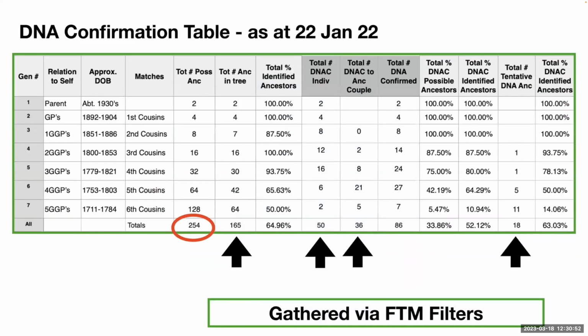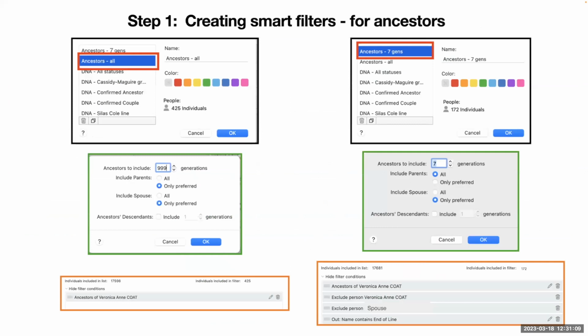And the filters, the way I've set them up, have been able to give me those bits of information there: the total number of ancestors, what I've DNA confirmed to individuals or couples, and tentative. I won't go through all of this, but for creating the ancestors, I only need 2 filters.